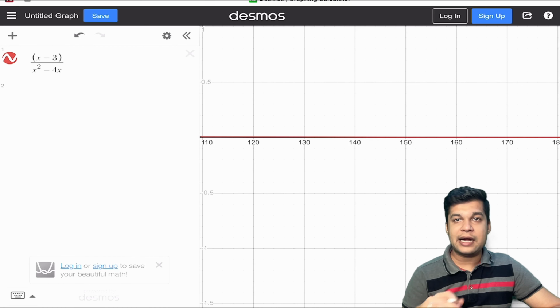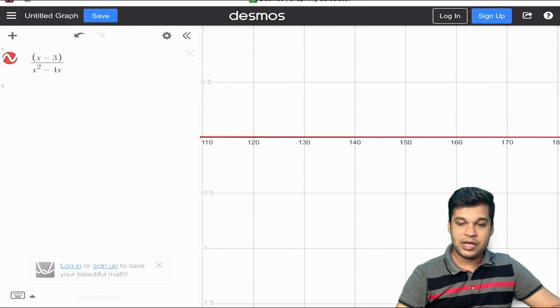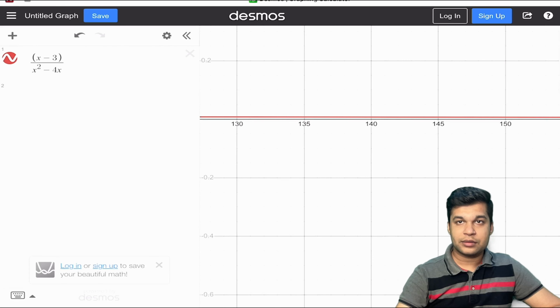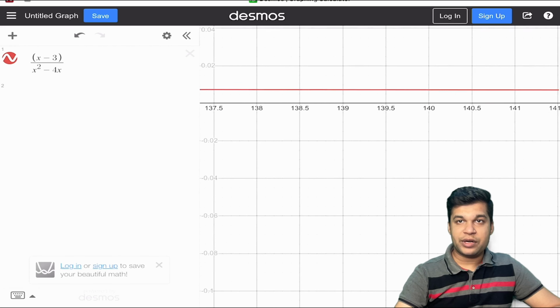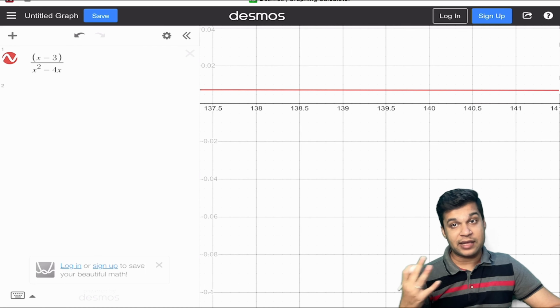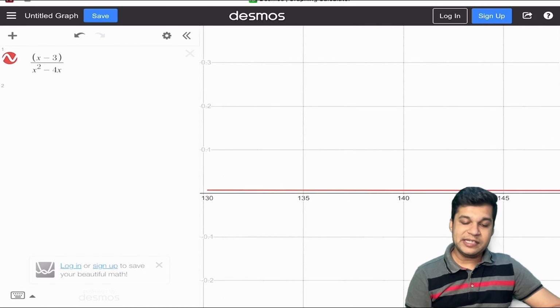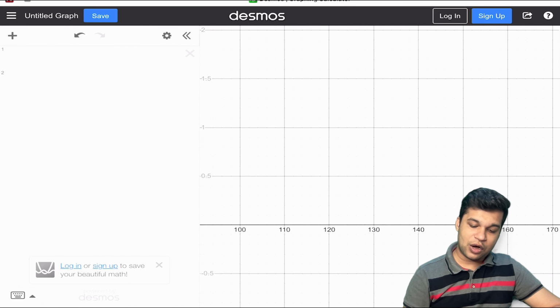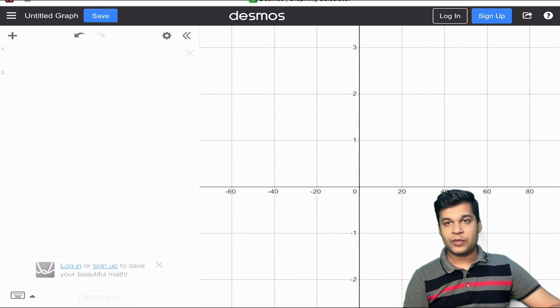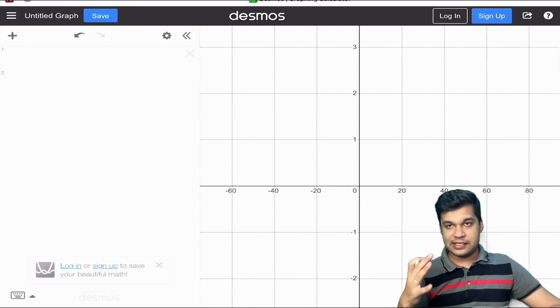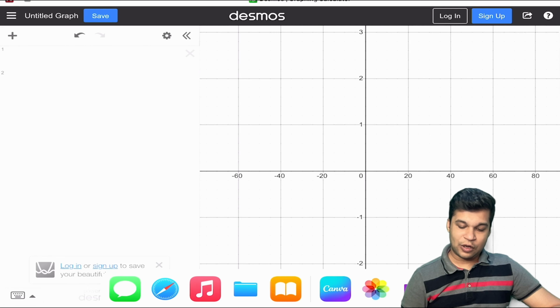Now you will say that at x equal to 140 they have touched, but if I zoom in, observe 140, it hasn't touched the x-axis. So always remember, whenever the degree of numerator is lesser than the degree of denominator, the horizontal asymptote is your x-axis.